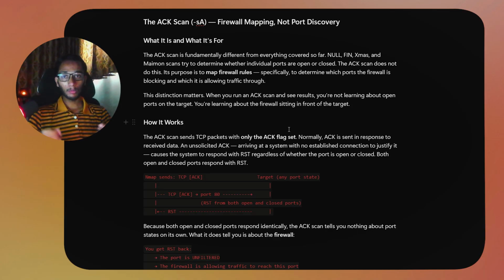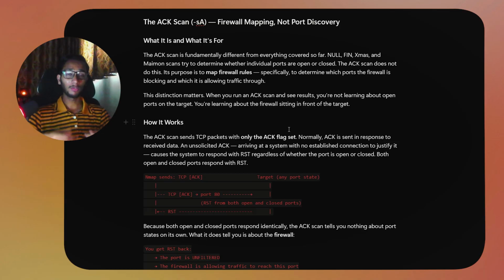But first you have to send the SYN packet. In this specific type of scan, you first send the ACK flag, and this is very unusual because there is no established connection. When you send this ACK flag, the system responds with an RST packet back to you, whether the port is closed or not.